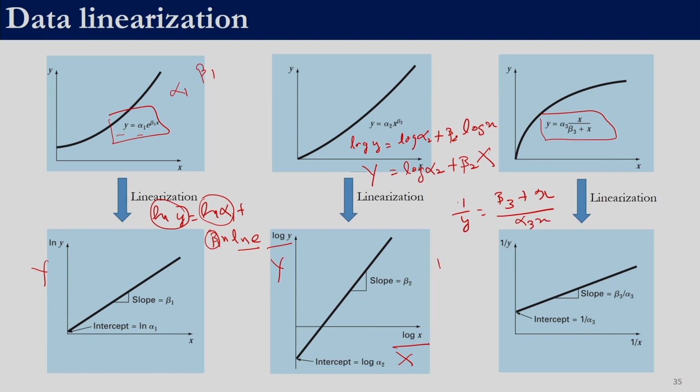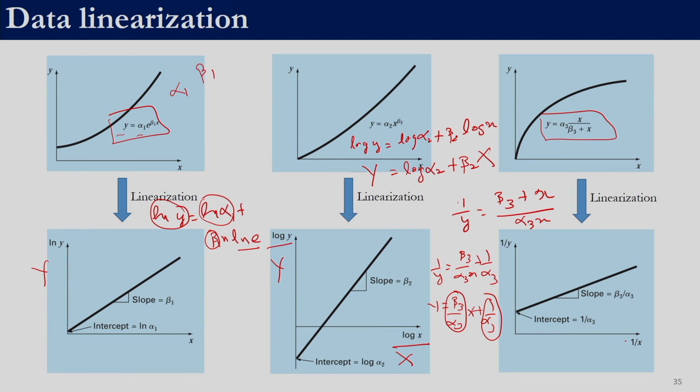So, this will be 1 by y is equal to beta 3 by alpha 3 x plus 1 by alpha 3. So, this will be 1 by y, let us say it is uppercase Y, 1 by x is uppercase X, plus 1 by alpha 3. So, this will be our intercept, beta 3 by alpha 3 will be our slope.